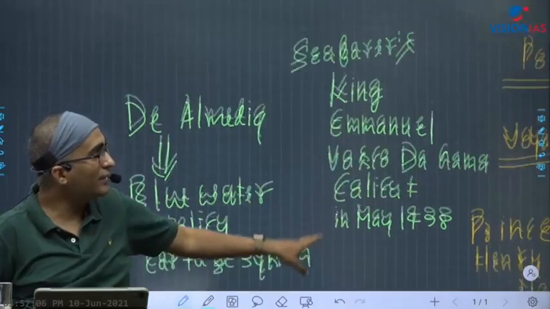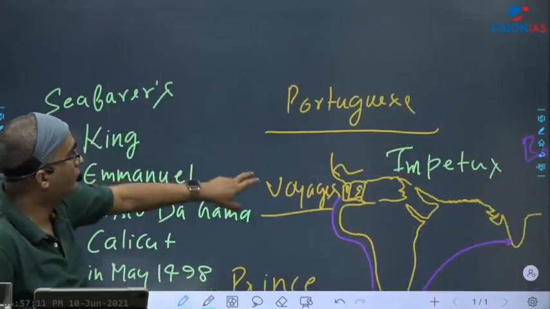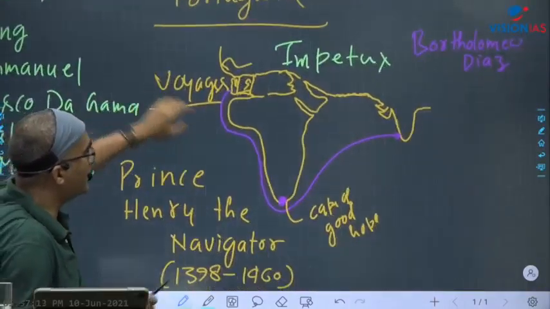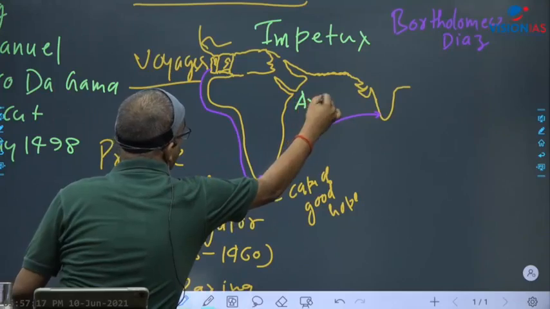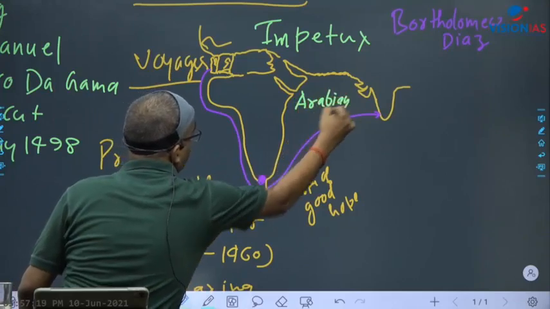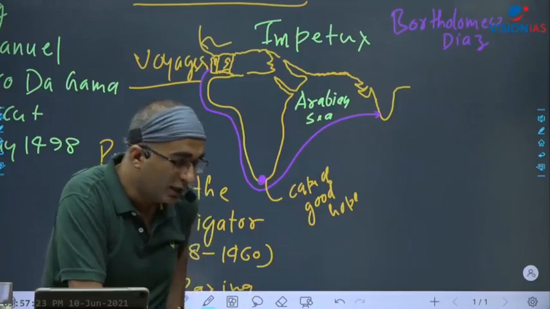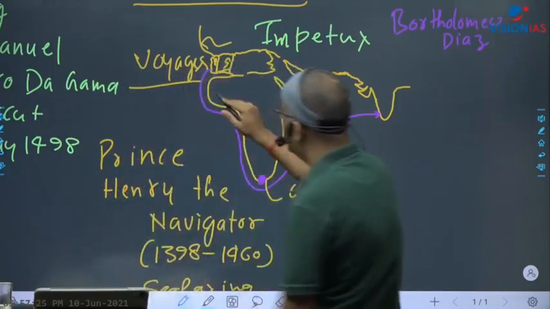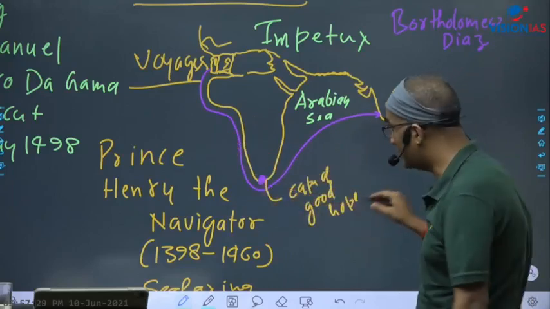But let's look at the diagram once again. Here you will understand. So this is the Indian Ocean, and here you have the Arabian Sea. Now, already they have established control in this area, from the Atlantic till the Indian Ocean.